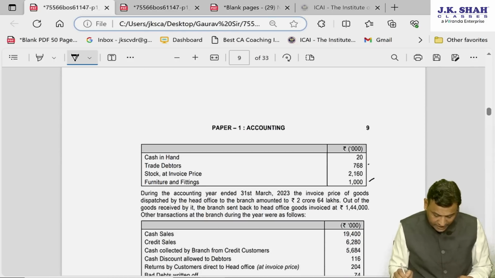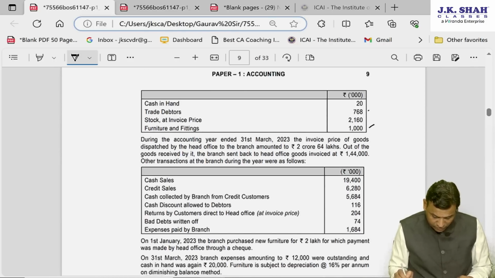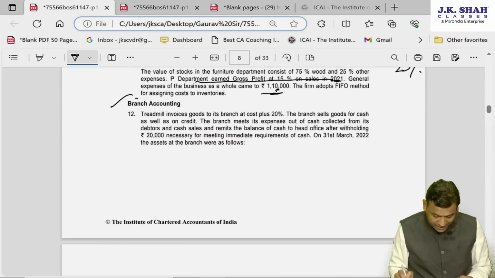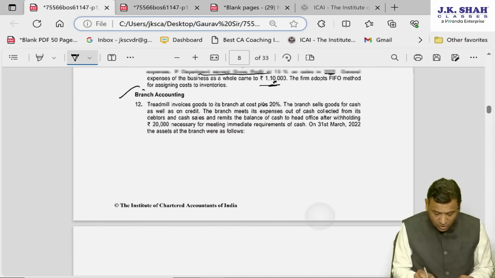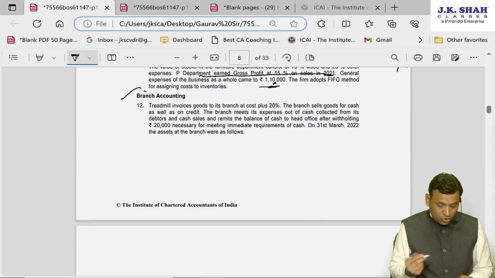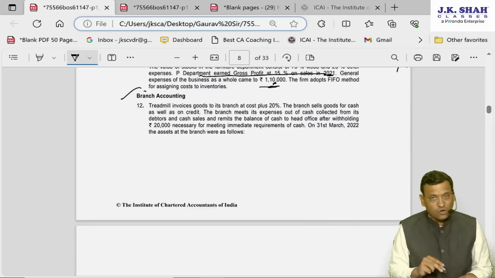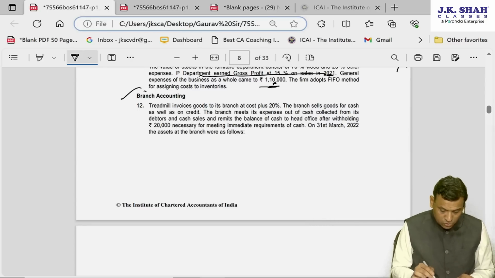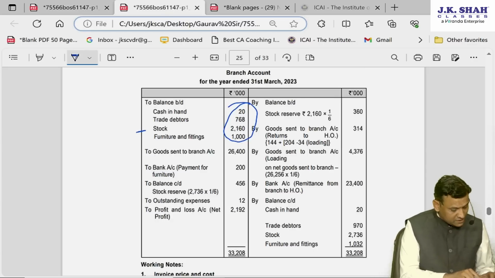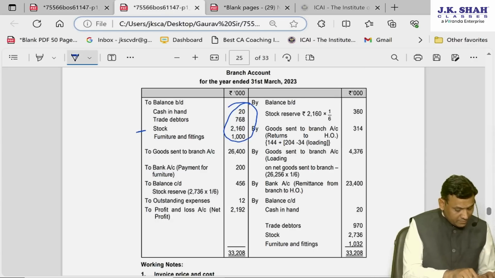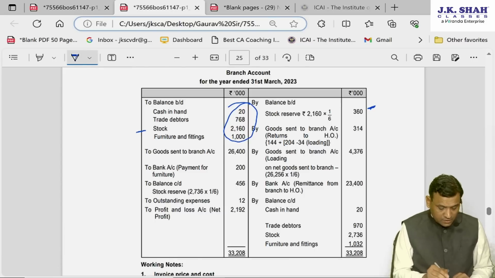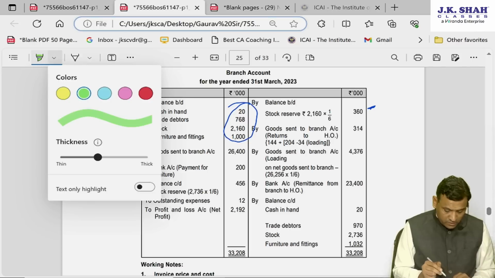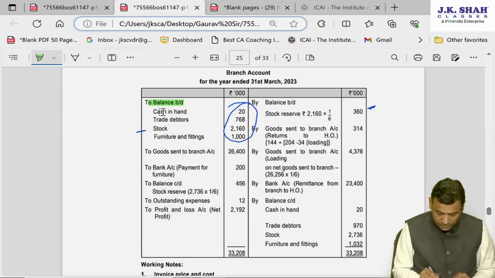How much is the loading element? If you read the question, in the beginning it was given: invoiced at cost plus 20%. Cost plus 20 is 1/5 on cost, 1/6 on sales. So friends, stock is 2160 divided by 1/6, that is 360, is nothing but here. So this is nothing but the effect with respect to our opening part.